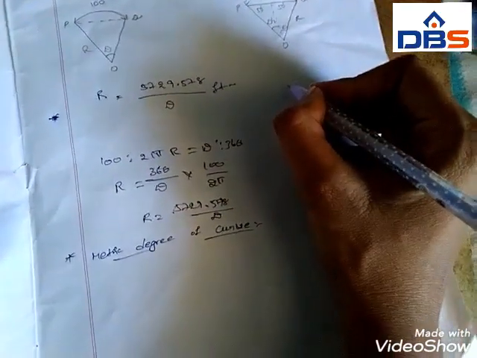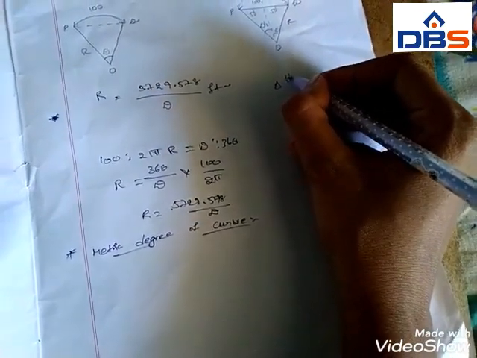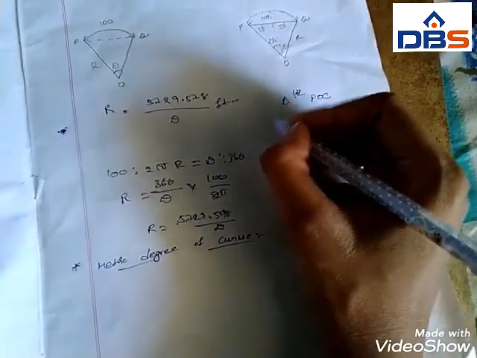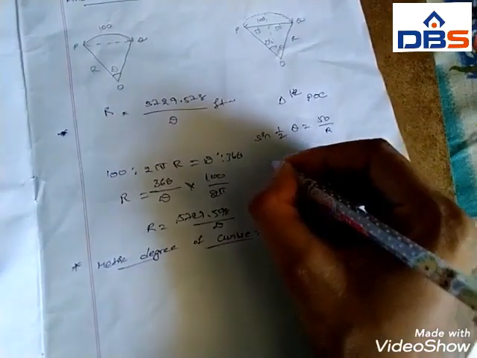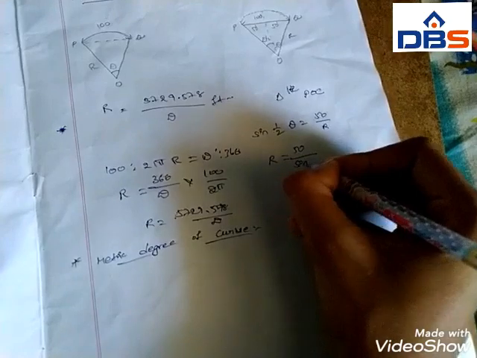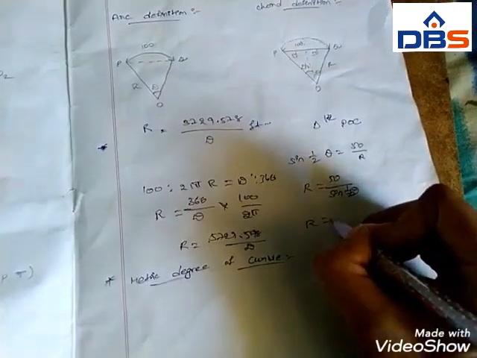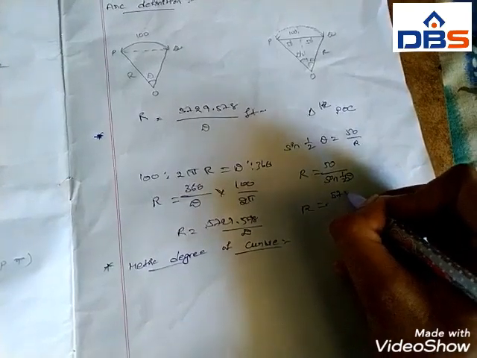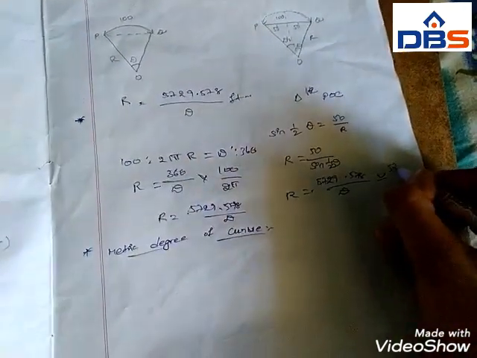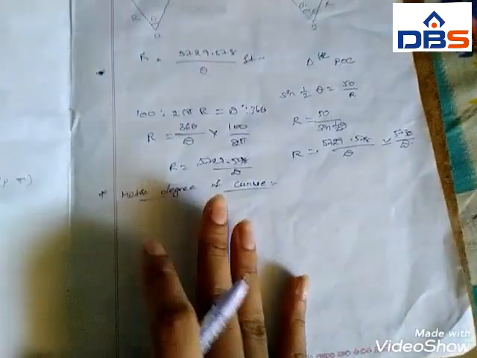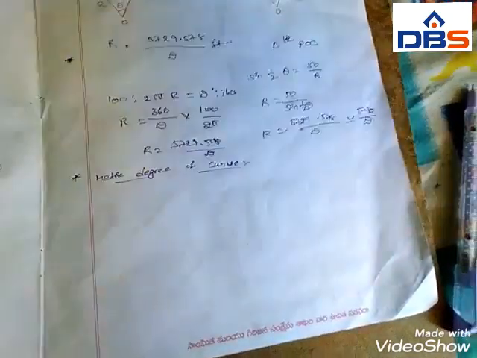Now chord definition. We get it in the same process by using triangle POC: sin half D is equal to 50 by R. By using this, R is equal to 50 by sin half D. So by using this we get R is equal to 5729.578 by D. It is approximately equal to 5730 by D. Now for railways, curves are between 1 degree and 6 degrees.